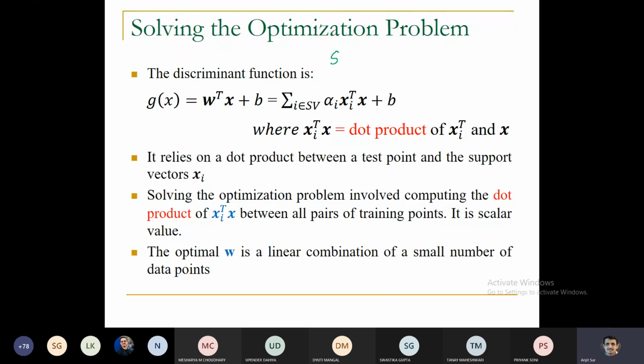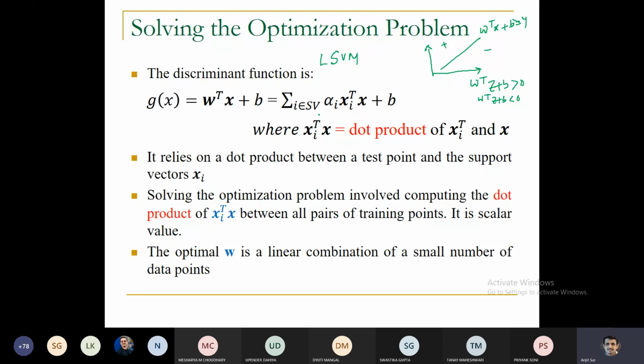If W transpose Z plus b is greater than 0, it is positive, and if W transpose Z plus b is less than 0, it is negative. This is the formulation.